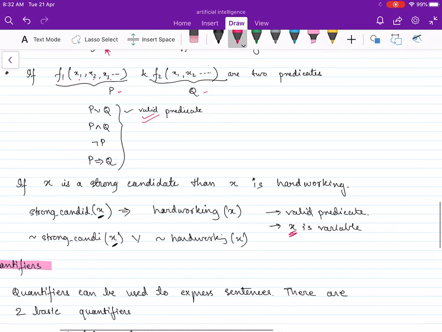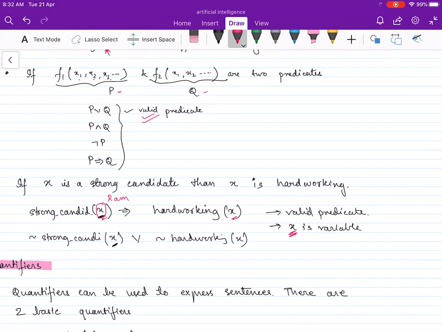Here x is a variable. In propositional logic, x should be a constant, for example, Ram is a strong candidate, then Ram is hardworking. But here x can take any value. So strong candidate(x) implies hardworking(x).